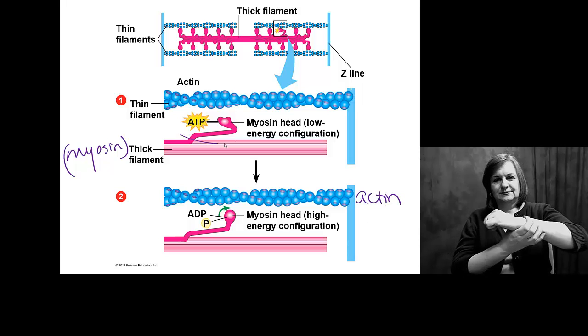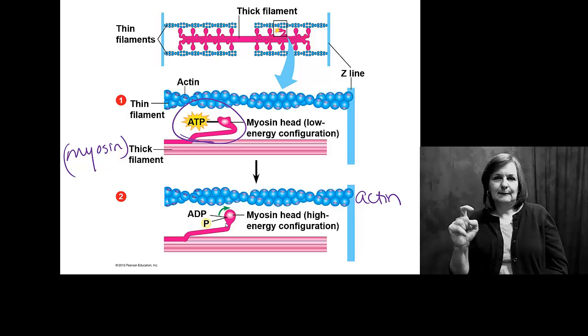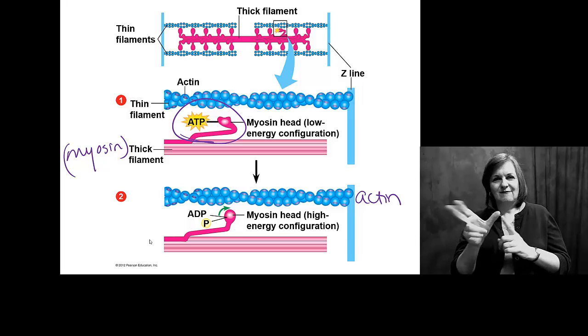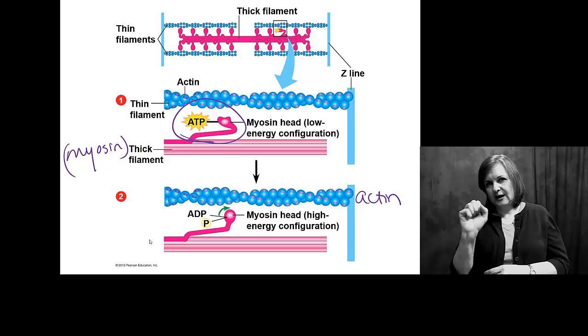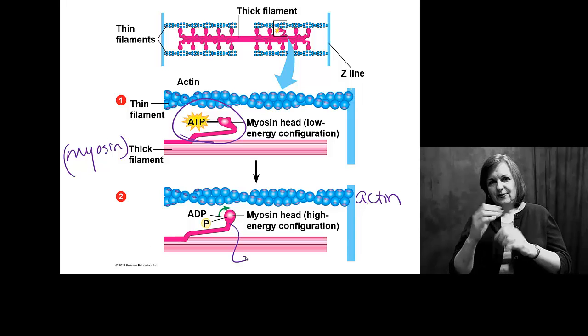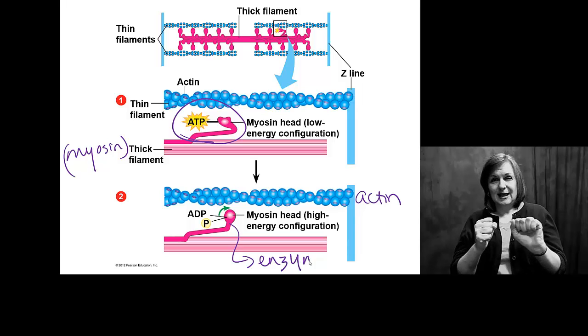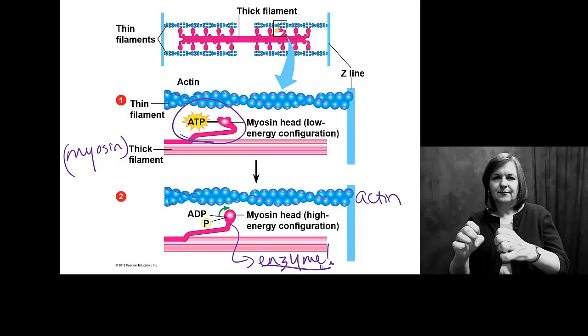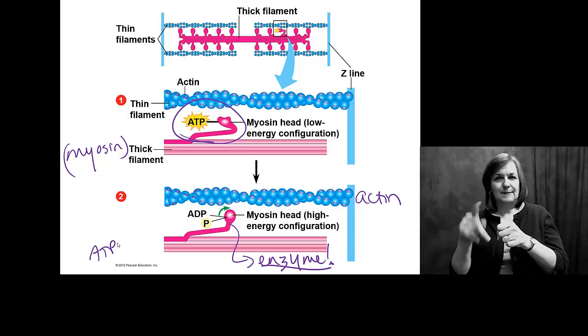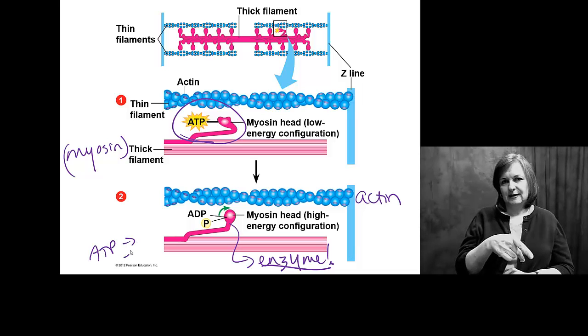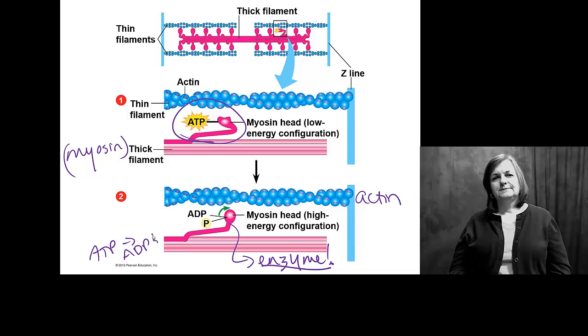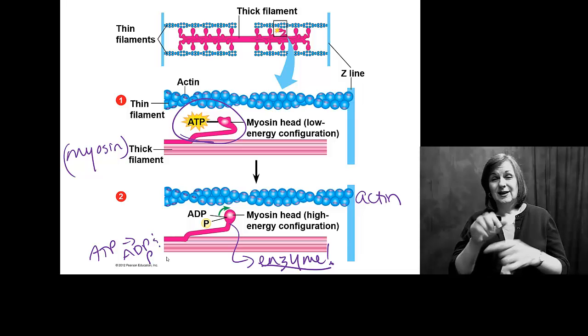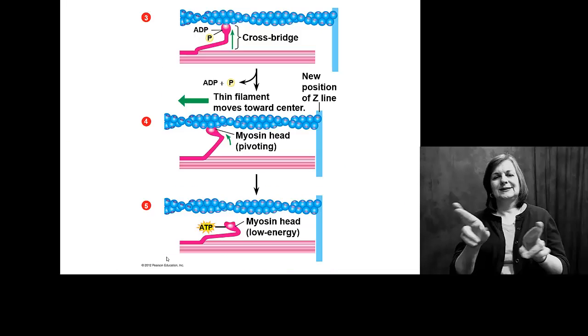And they do that powered by ATP. So they literally have a receptor for ATP on the myosin head. And that receptor, it's going to act as an enzyme, is going to split that ATP into ADP and phosphate, and when it does, energy is released.